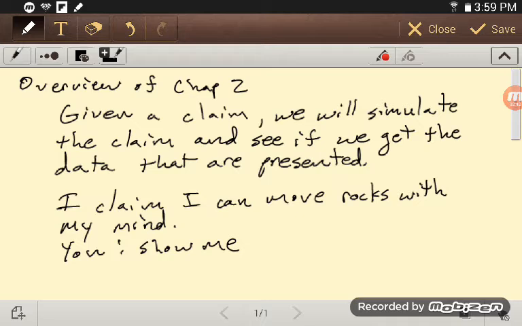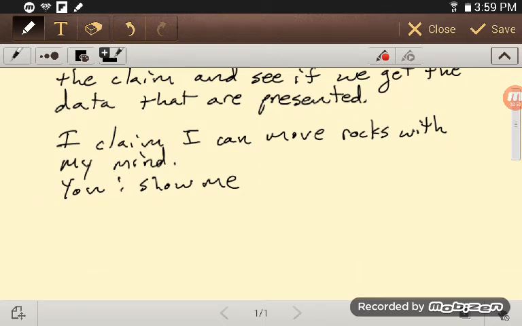Okay, and this is where we would get our situation of a sort of simulation, because if I say I can do it, well, then I ought to be able to do it. So what would probably happen is I would try many times, and fail.